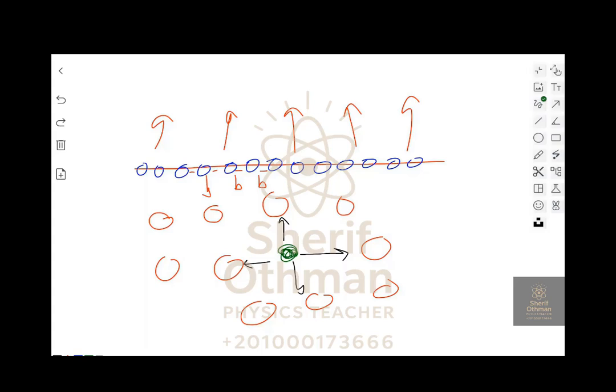So these particles keep moving towards each other, and the intermolecular distance between them decreases, and the intermolecular force increases, which makes these particles strongly attached to each other. This phenomenon is called surface tension.